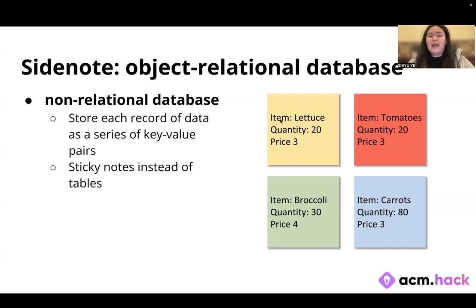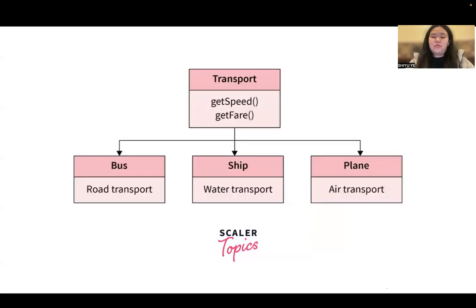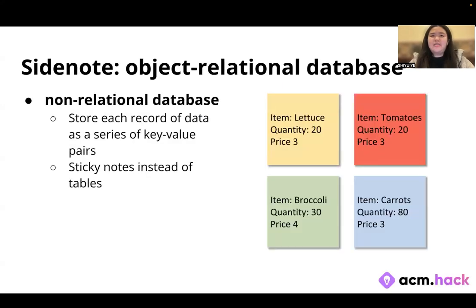As for the values, the item is lettuce, the value of the key quantity is 20, and the value of the key price is 3. So again, this is a very high-level idea. Don't worry if you don't completely understand or are still not sure about what relational and non-relational are about. We'll get back to these concepts later in our workshop series.